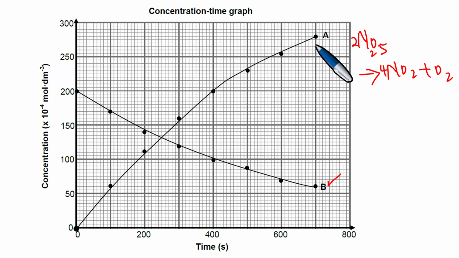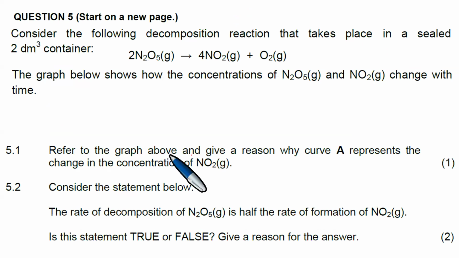It's graph A. Okay. And the question is, refer to the graph and give a reason why A represents the change in the concentration of NO2. Why is it that A represents a change in the concentration of NO2 where NO2 is a product?